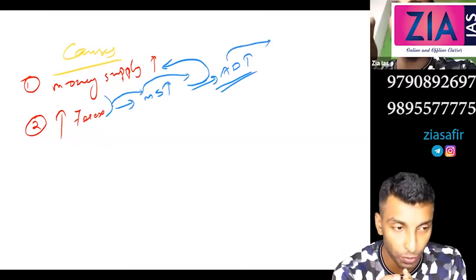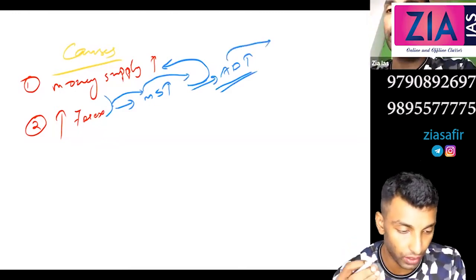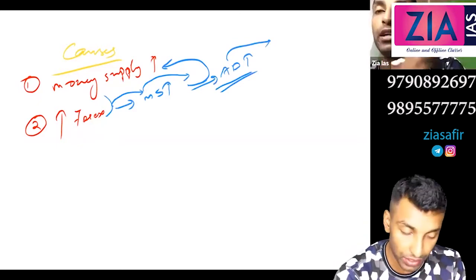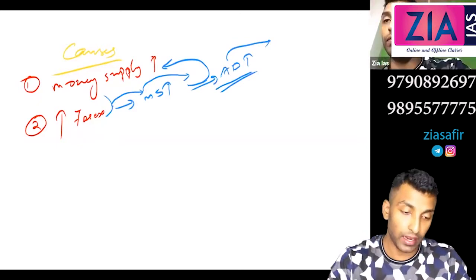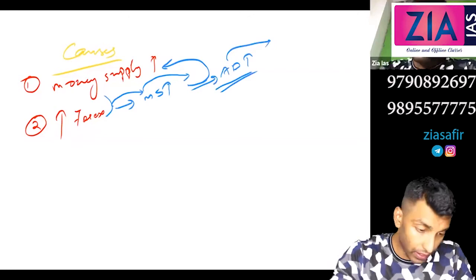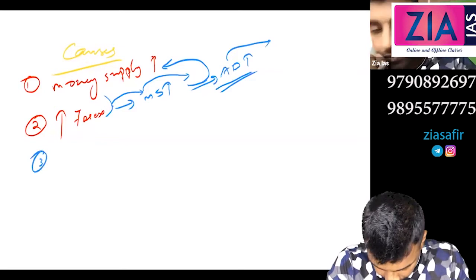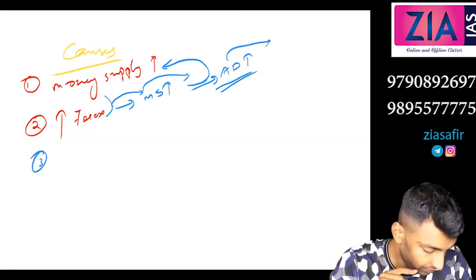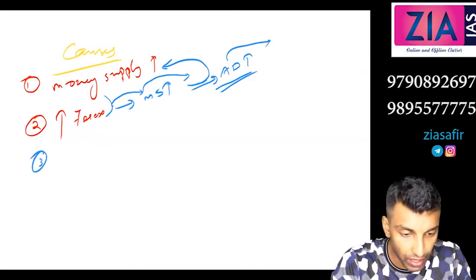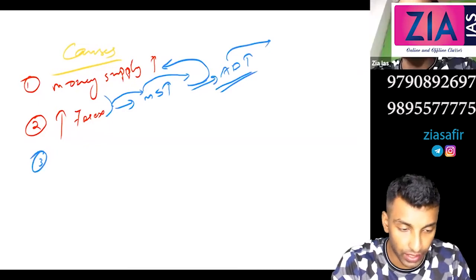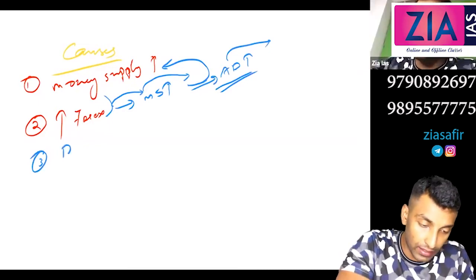So increase in Forex creates money supply, that creates demand, and that leads to inflation. So you will get options, which among the following is the reason for this particular inflation. So increase in Forex is one of the reasons. Why? It creates money supply. Third one, can I say deficit financing? Yes, sir. Already I have demonstrated how it actually works, right? So you can write deficit financing.